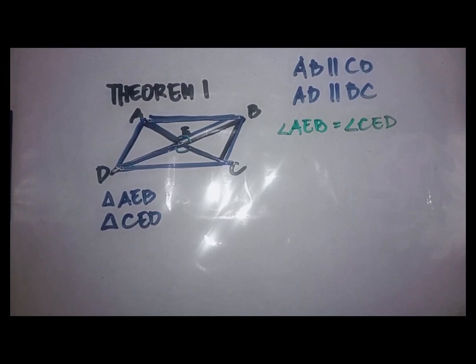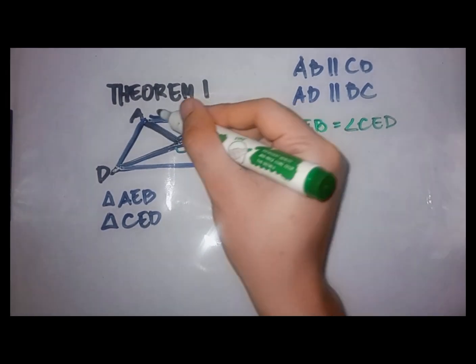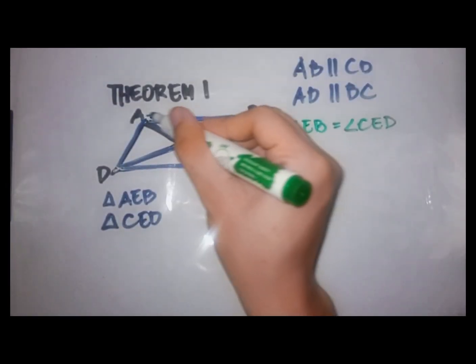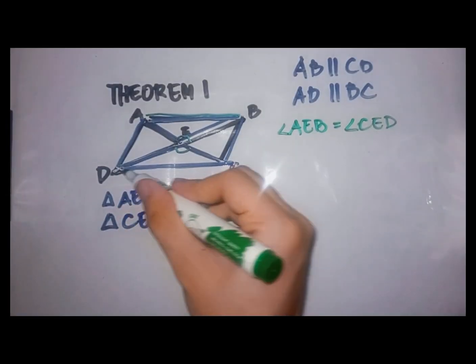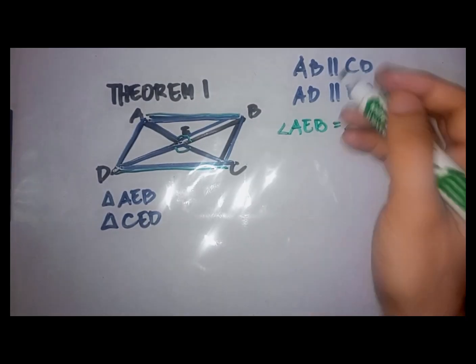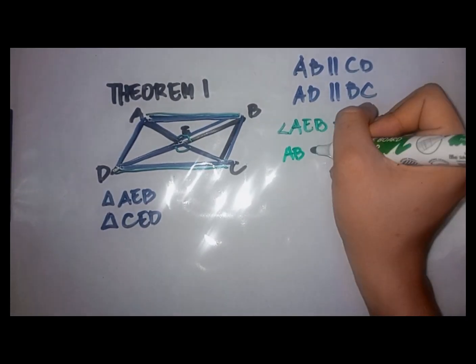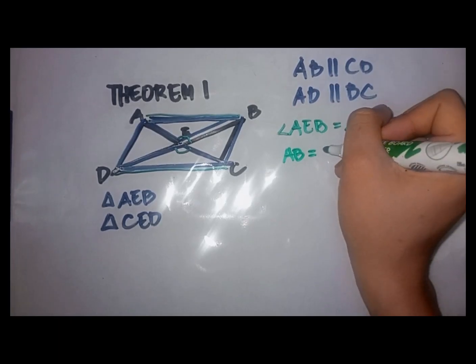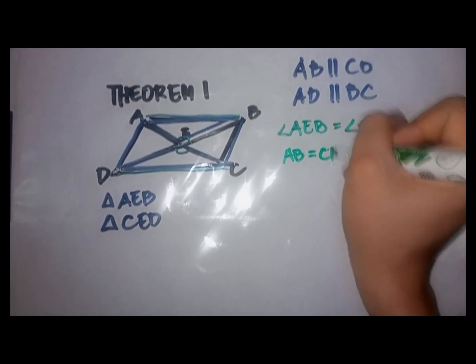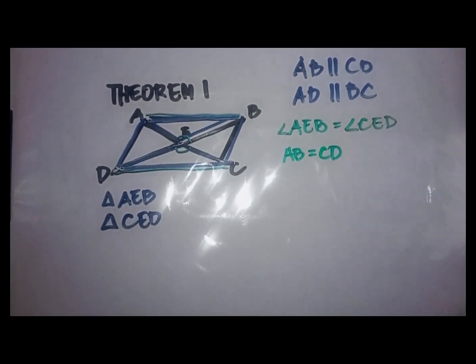Now, the opposite sides of a parallelogram, side AB and side CD, are equal.